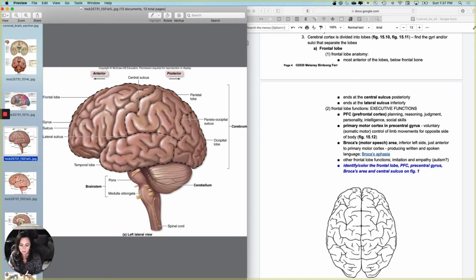let us mark this one. Okay, so this sulcus right here, pretty easy to find on a model. That's called the central sulcus. Okay, this one right here, let me put that one in a different color.